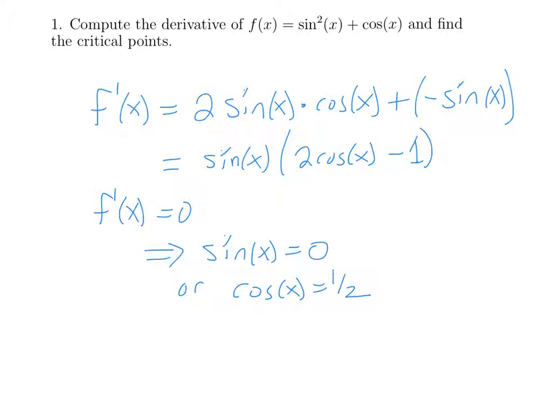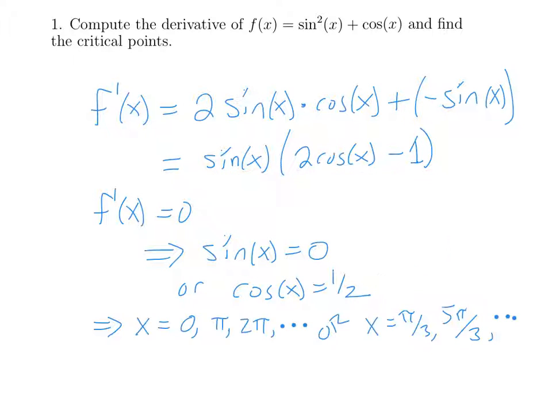To figure out where the derivative is 0, we just have to set sine of x equal to 0 and 2 cosine x minus 1 equal to 0, which is the same as saying when is cosine equal to a half. Sine equals 0 at x equal to 0, pi, 2 pi, and so on. However, since our function is periodic, we really only need to know the answers between 0 and 2 pi.